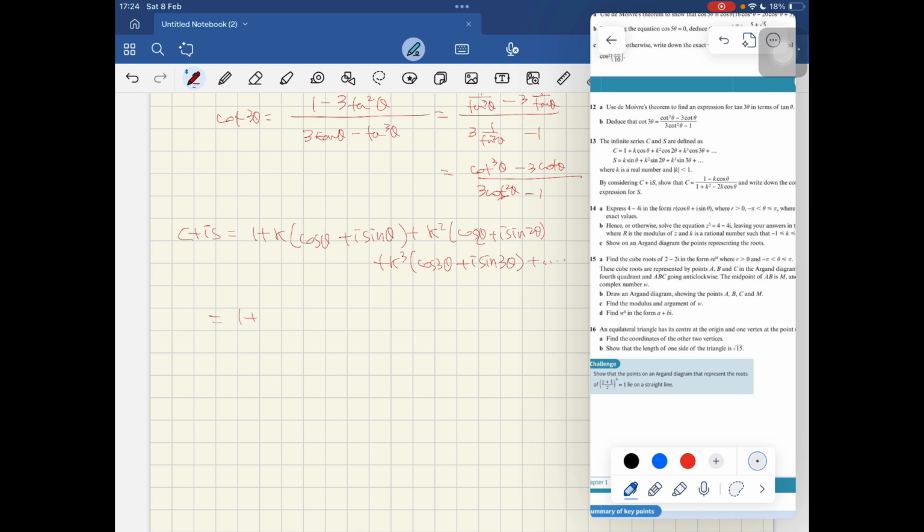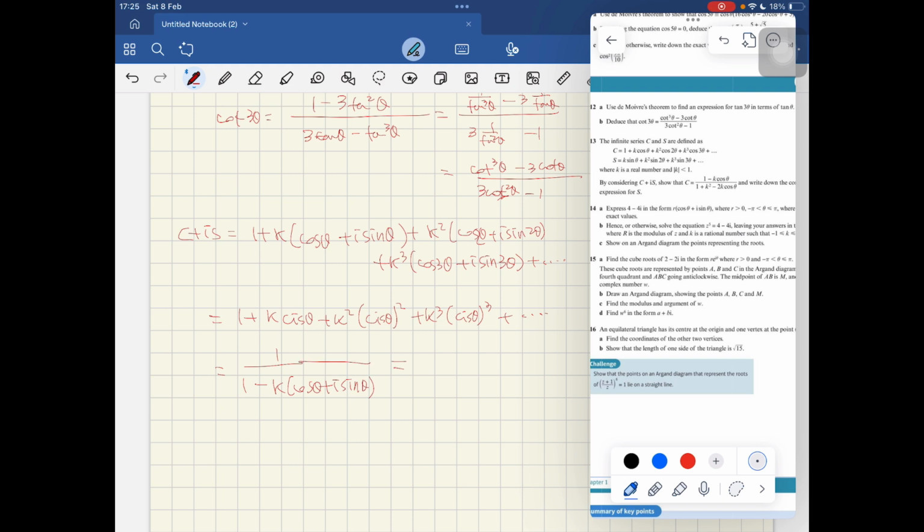So this is 1 plus k cis theta, k squared cis 2 theta, k cubed cis 3 theta, and so on. So this is an infinite geometric series. The first term is 1 and the ratio is k (cos theta plus i sine theta).